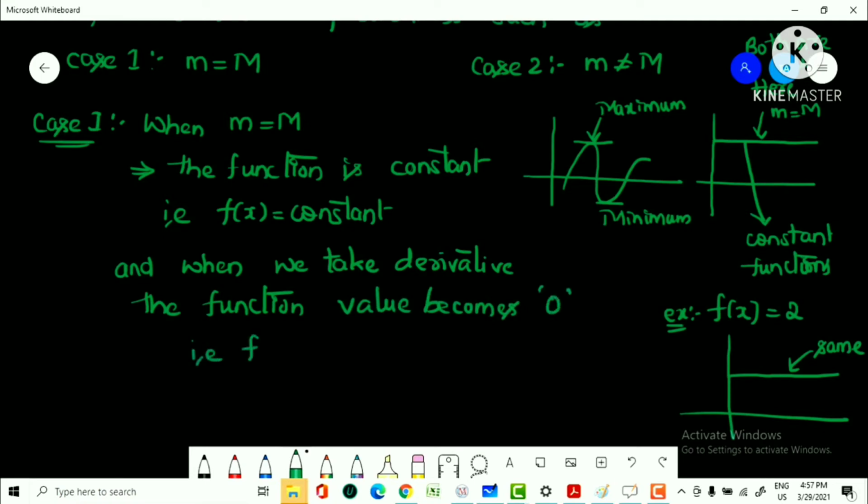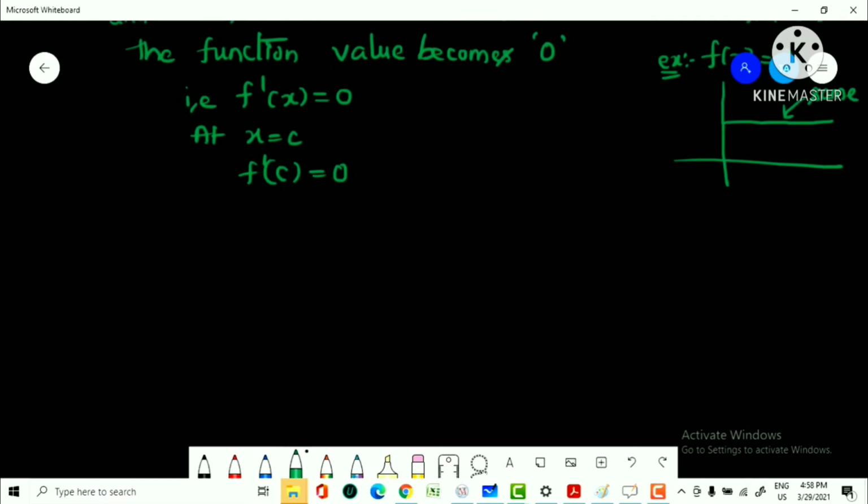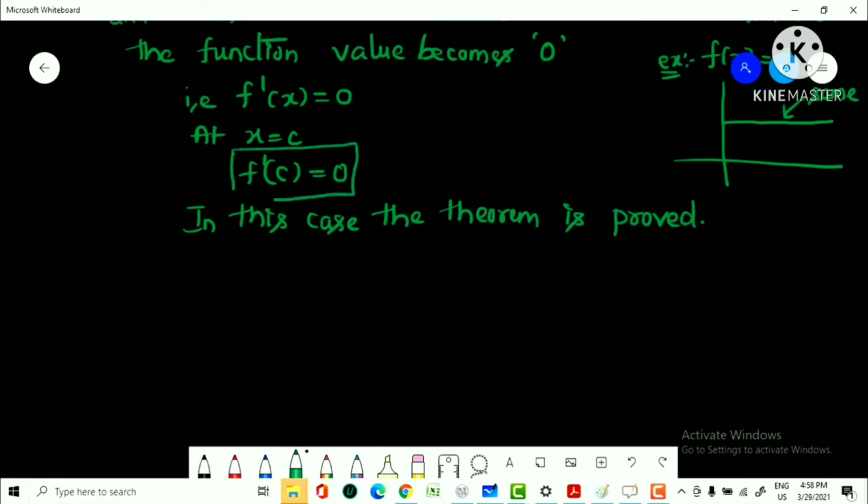That is f dash of x is equal to 0. At x is equal to c, f dash of c is equal to 0. In this case the theorem is proved. This was the condition we had to prove, so we have proved.